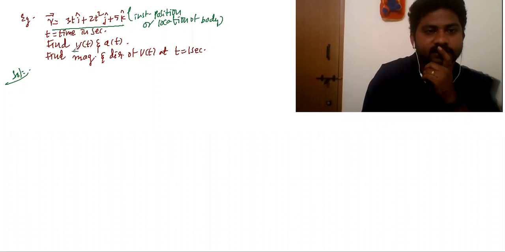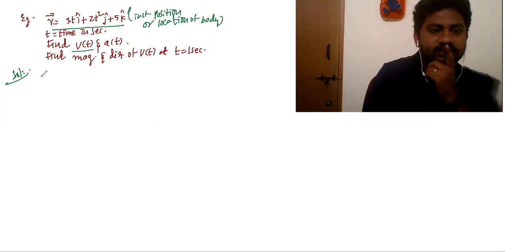So velocity as a function of time, you can easily find out. So v bar is equal to d by dt of r bar.